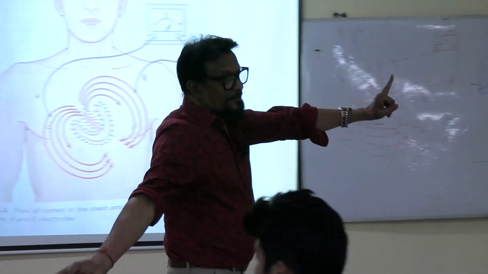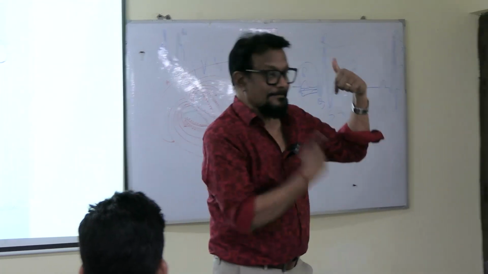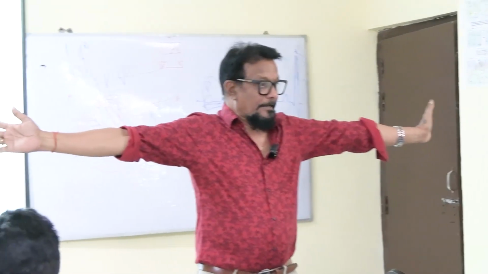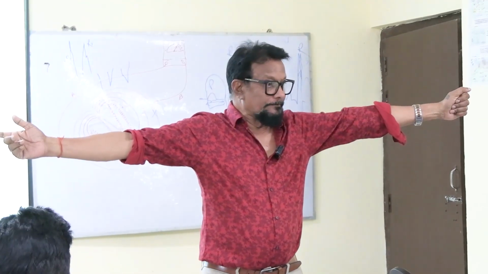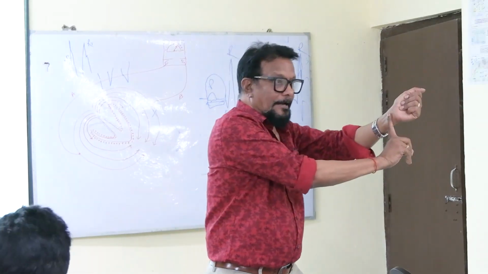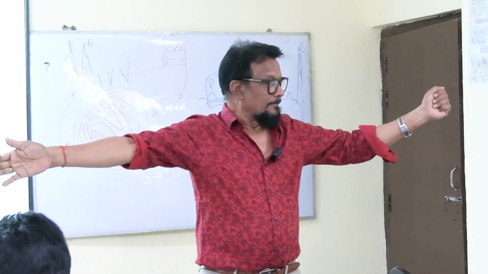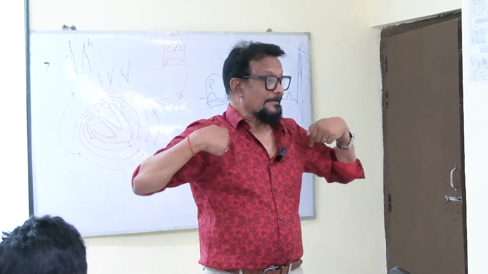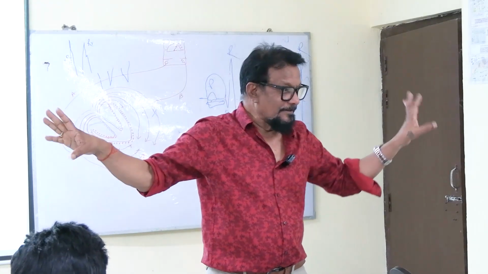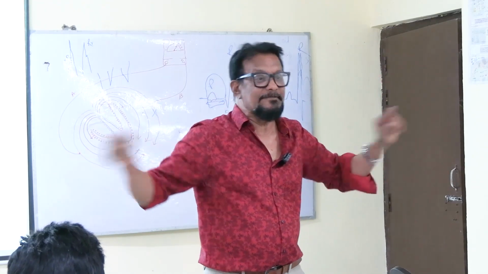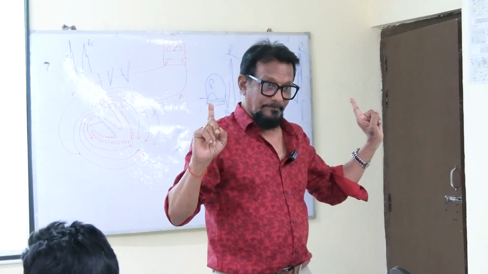Remember this, otherwise you cannot determine the electrical axis. I kept the positive pole in the left hand. Now the ECG wave I recorded is lead 1.